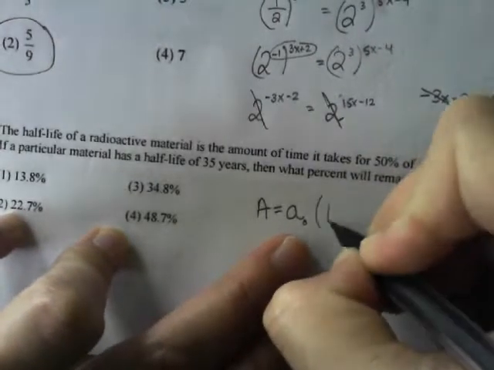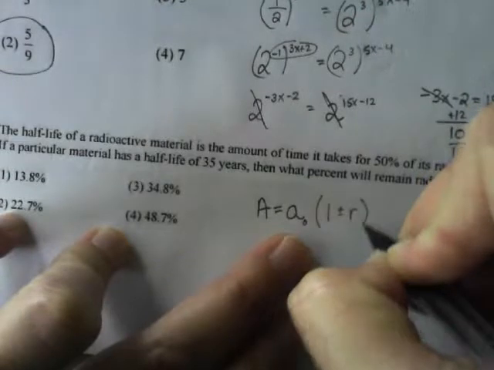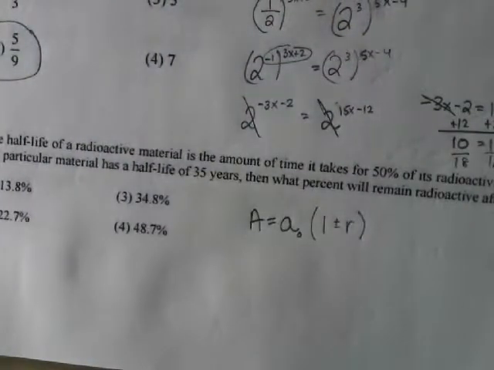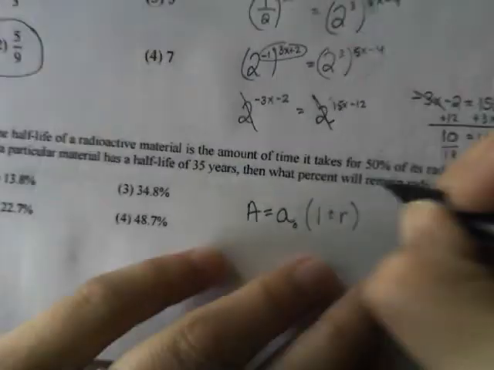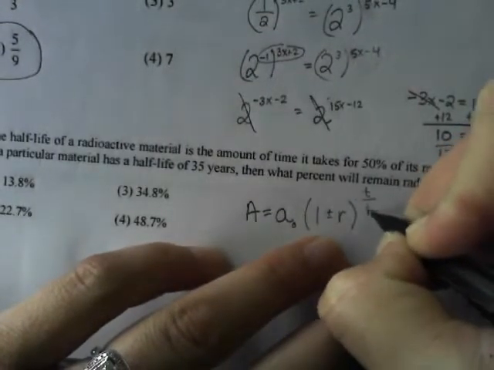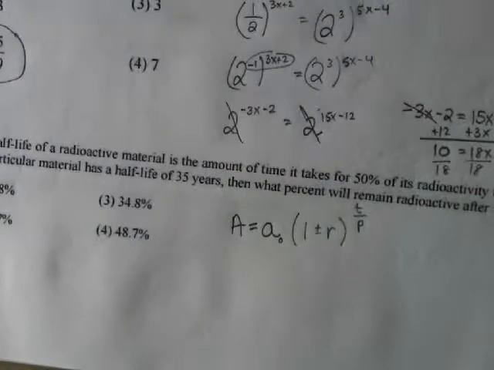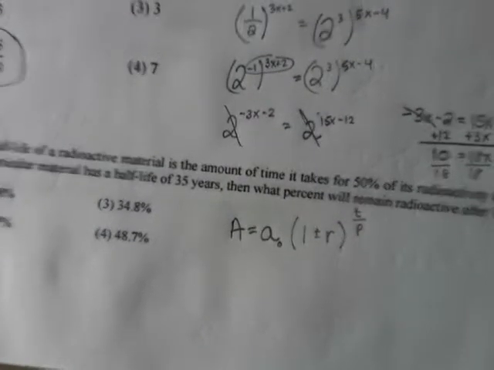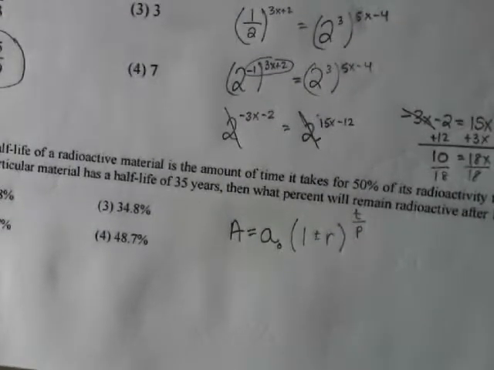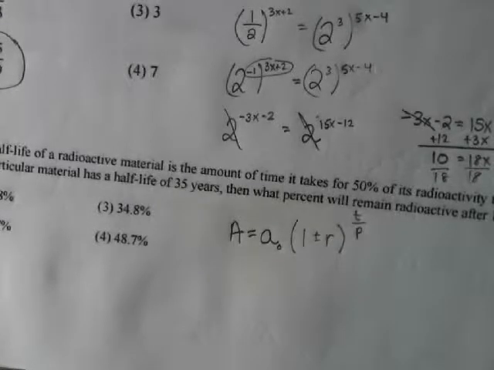I do 1 plus or minus your rate, plus your rate if you're growing, minus your rate if you're decaying, to the T over P power is what I call it, where T is the amount of time we're waiting to see how much material is still there.